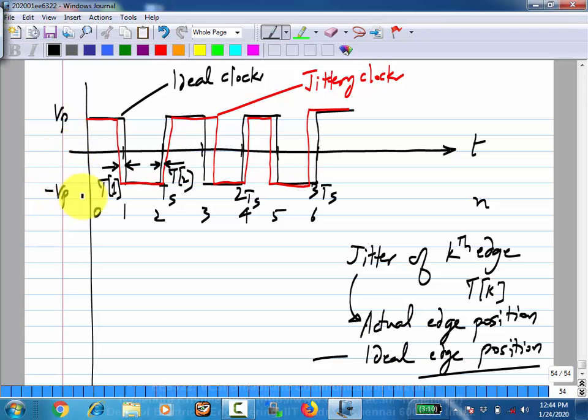So what will be the impulse? Periodic impulse. Yeah, that's okay.